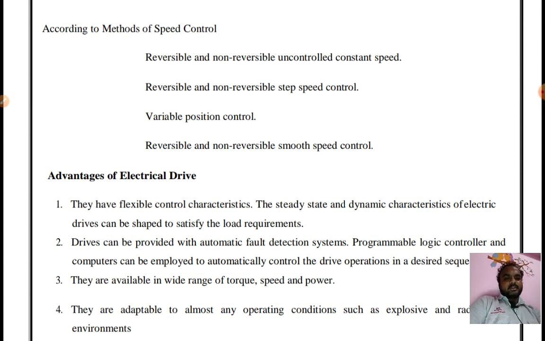Reversible and non-reversible positions we can take as lifts, cranes and elevators. Step speed means that for a certain period it runs at constant speed, and after that it may stop. Variable position means changing from one place to another. These are the different drives we use in industrial and domestic applications.